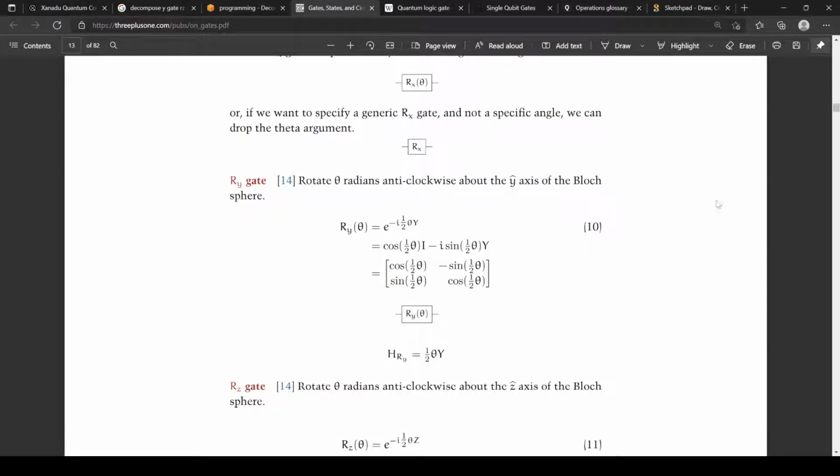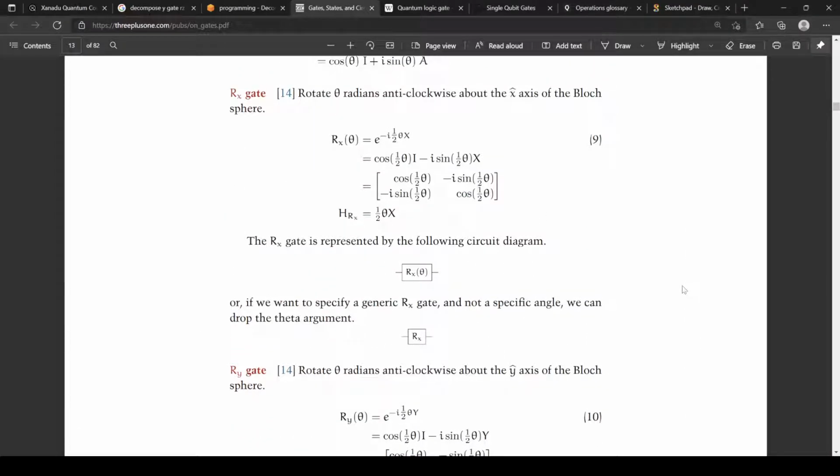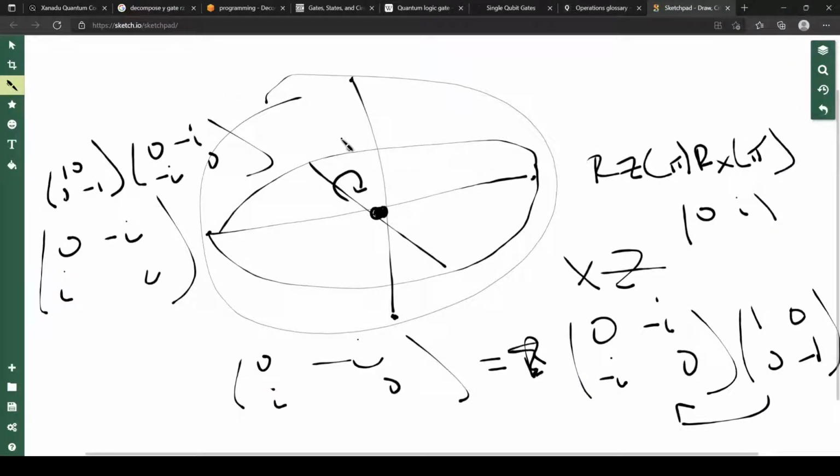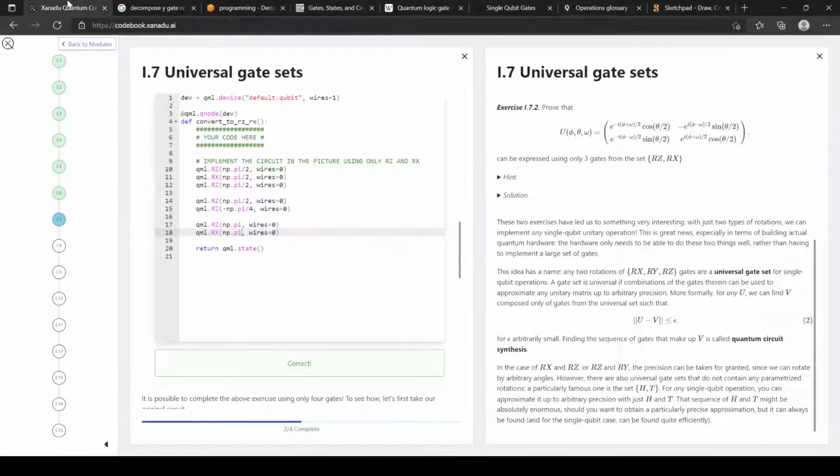Okay, the RZ gate. I don't care about the RX gate. Because it's 1/2 theta, right? Because I was doing this as if sine of pi over 2 is what I wanted, but I want sine of pi, which is what I want. However, it's pi over 2 times 1/2. All right.